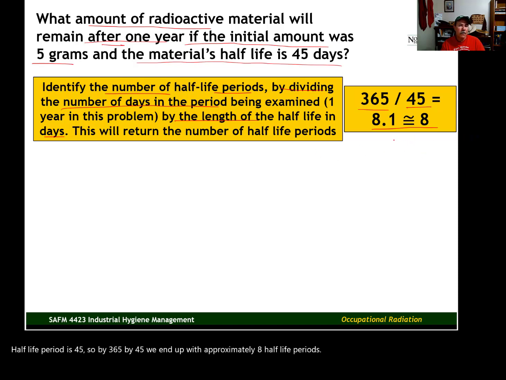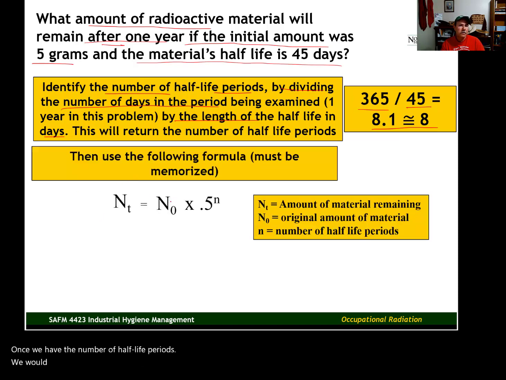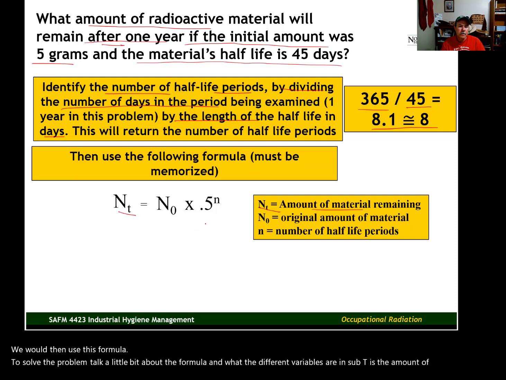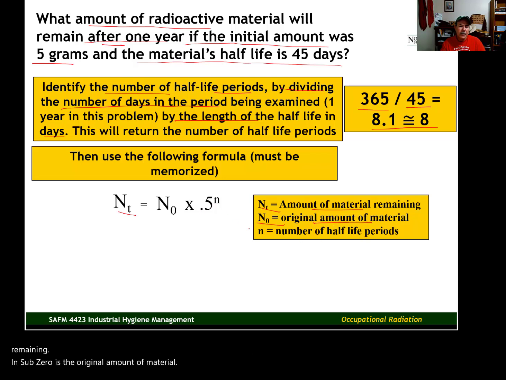Once we have the number of half-life periods, we would then use this formula to solve the problem. Let me talk a little bit about the formula and what the different variables are. N sub t is the amount of material remaining. N sub 0 is the original amount of material. And n, which is an exponent, is the number of half-life periods. So plug everything in. We have 5 grams of material, so we insert that into the formula.